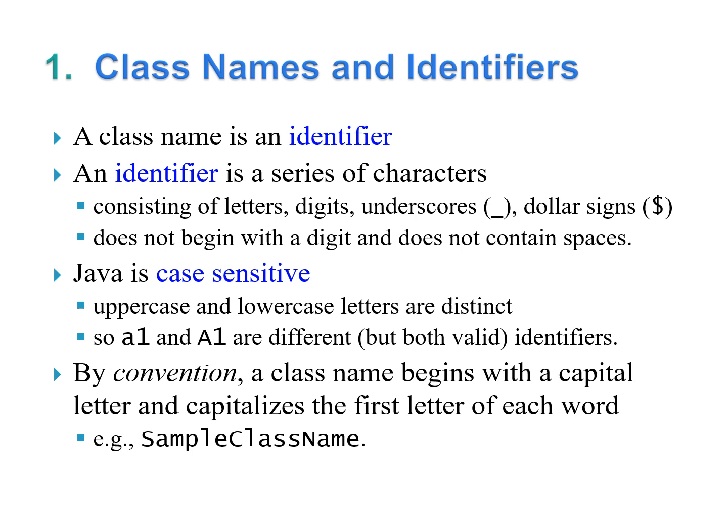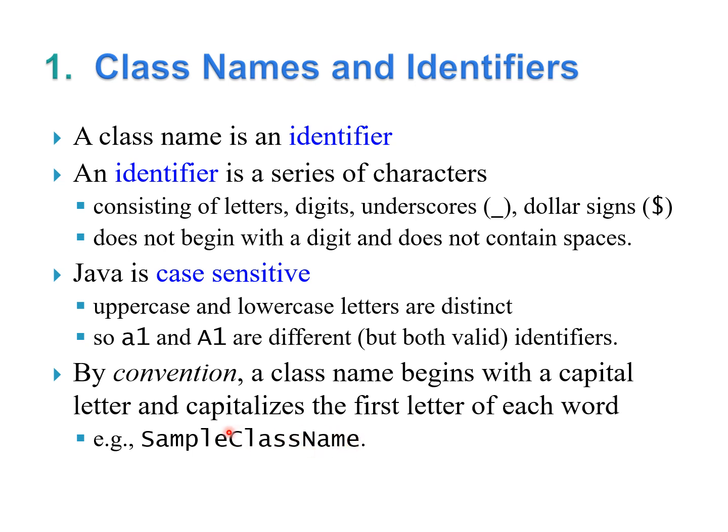Note that you can use any valid identifier to name a class. However, by convention, a class name begins with a capital letter and capitalizes the first letter of each word. For example, you may write SampleClassName, so there are no spaces, and you capitalize the initial of the word sample, the initial of the word class, and the initial of the word name.